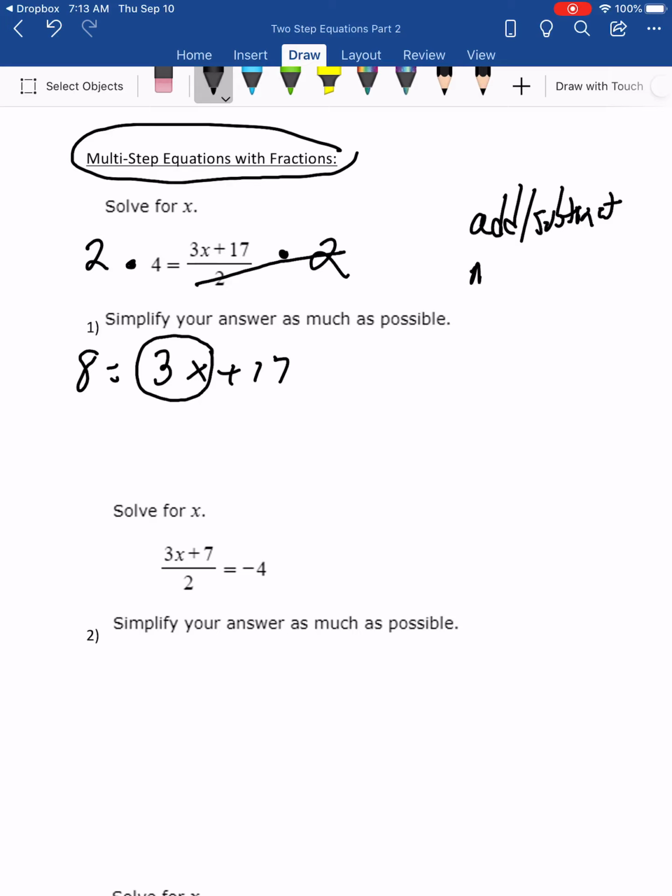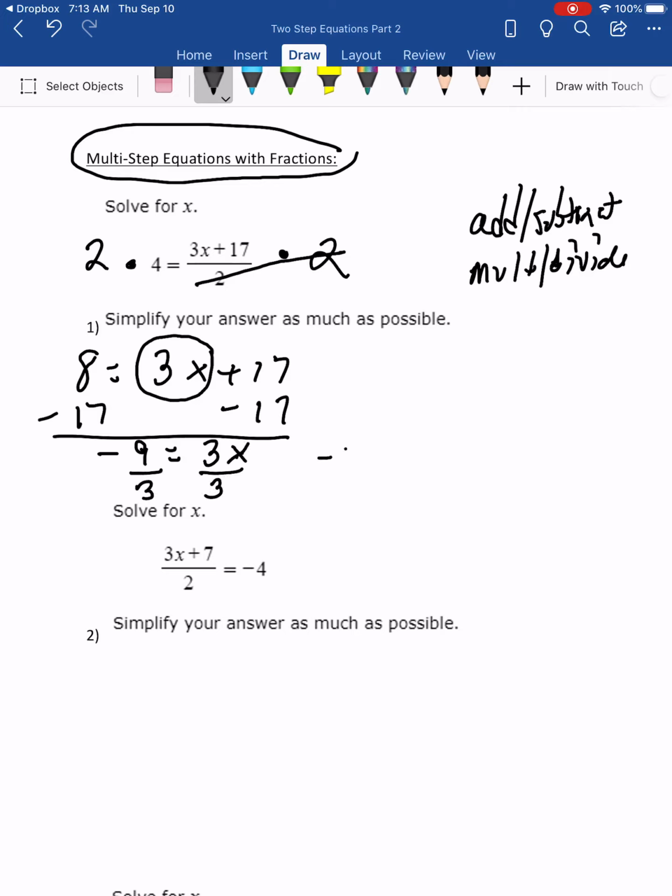And then multiply, divide, all right? We had to multiply first in this case to get rid of our fraction, but once we have x isolated, we're going to want to subtract the 17 first. So we have 8 minus 17, that's negative 9, equals 3x. Now we can divide. So negative 3 is equal to x.